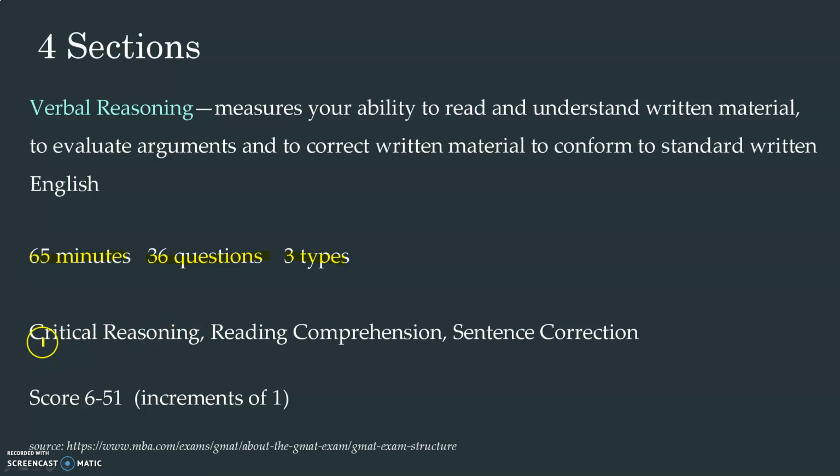What are the 3 types? Critical reasoning, reading comprehension, and sentence correction. Right? Again, each question will have 5 options to choose from. Scoring is on a scale of 6 to 51, similar to the quant section, with increments of 1 point each. Alright, so there are 4 sections, so there are 4 separate scores.